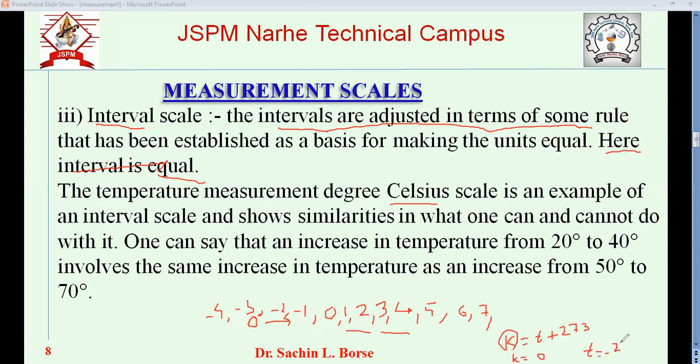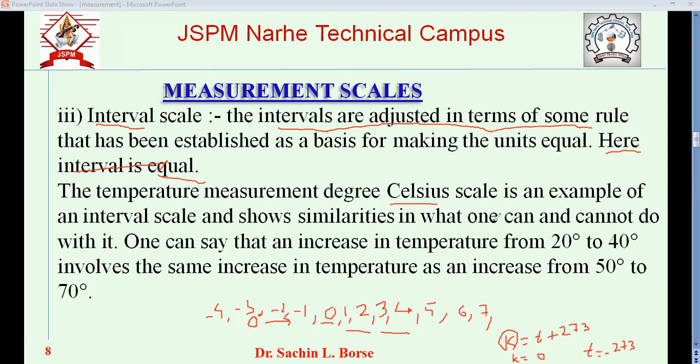So actually, degree Celsius is not indicating the true absolute zero. Zero is not actually zero technically. The actual technical zero is K equals 0. We understood that. Now we'll move to the next point.